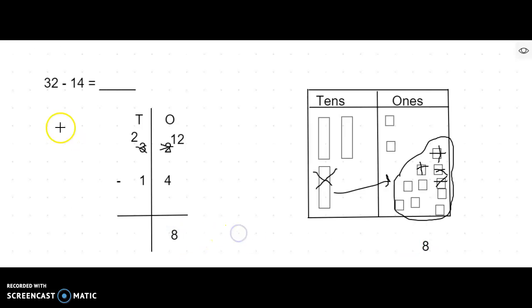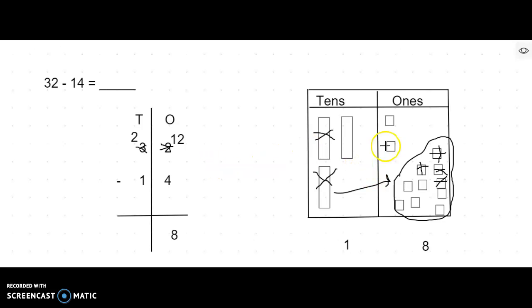Now I'm going to look at the 10s I have left. I have 1, 2 10s left. I need to take away 1 10 still. So I'm going to cross it out right now, the 1 10 I'm taking away. So I've taken away 1 10 because I'm taking away 14. I need to take away 1 10. That means I have 1 10 left.